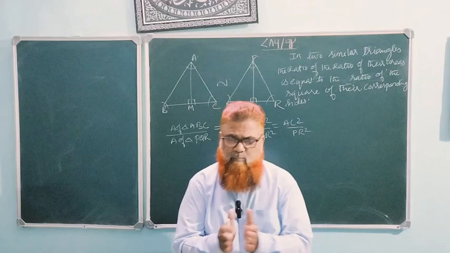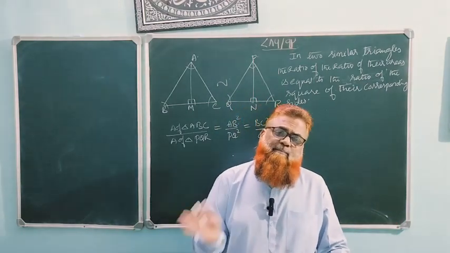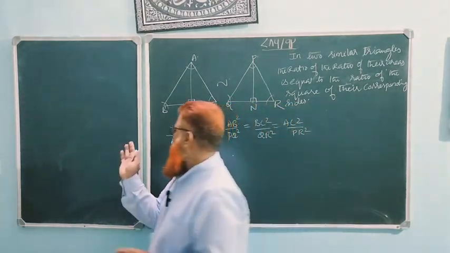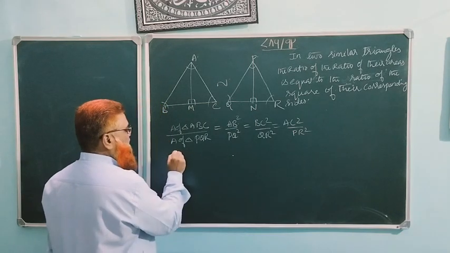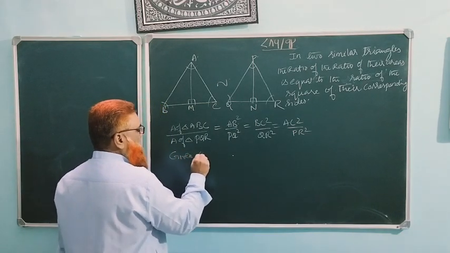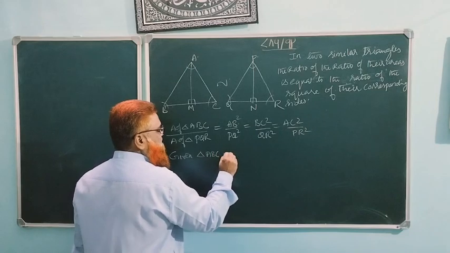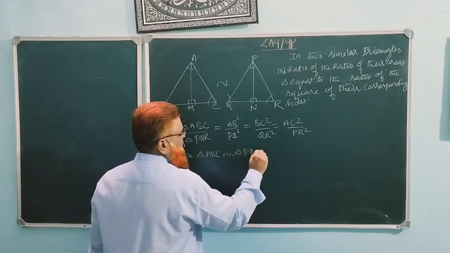I divide the proof into two parts. In part one, I take what is given: triangle ABC is similar to triangle PQR.